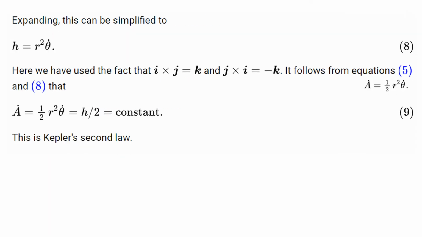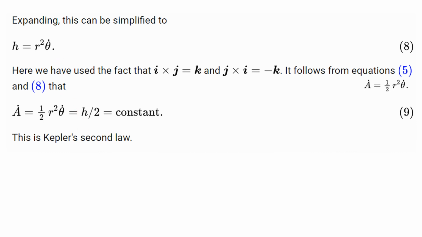And when we simplify that and we use the fact that i cross j is k and j cross i is minus k, it follows, actually from this equation where we had A dot equal to 1/2 r squared theta dot, that A dot is equal to that, and that is also h, using this equation, over 2.